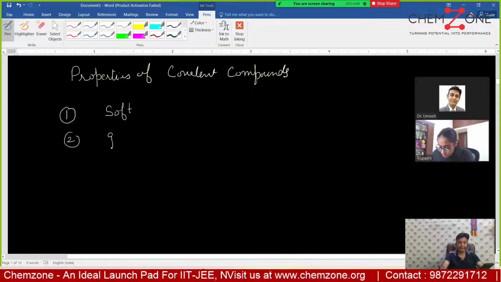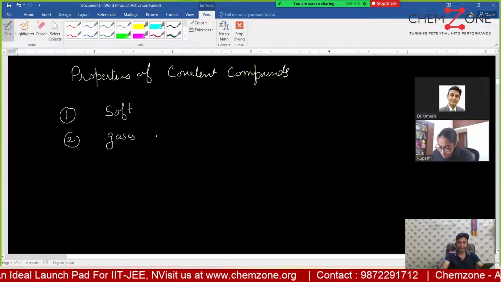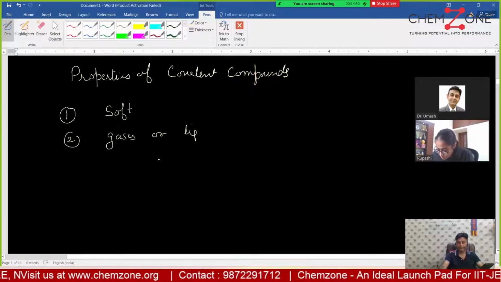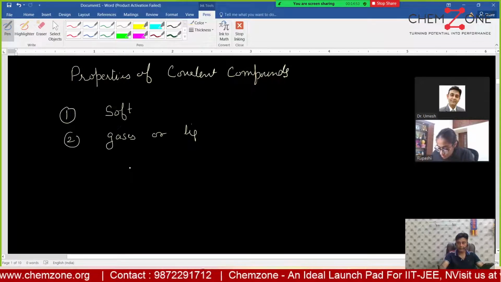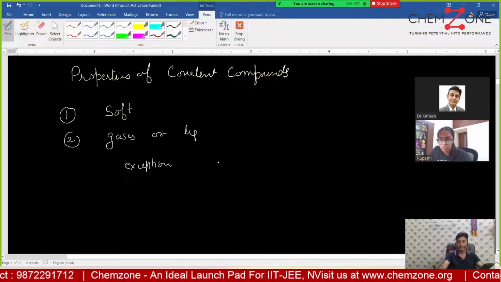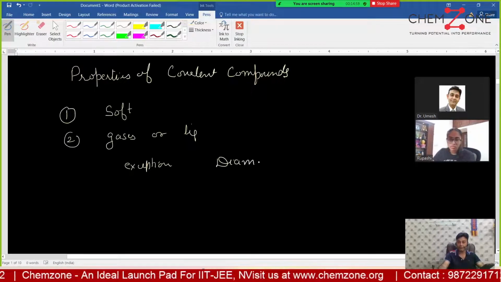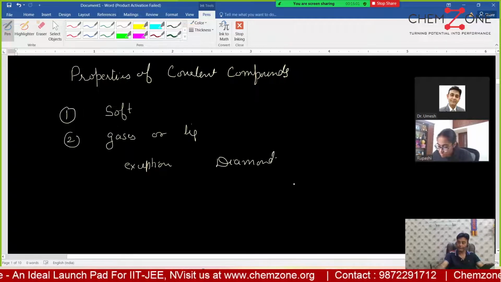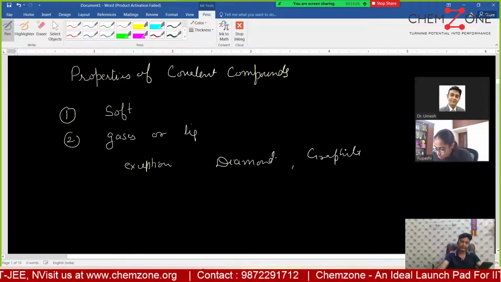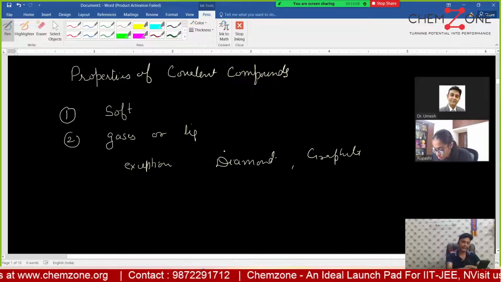They are normally either gases or liquids. But there are exceptions, like diamond that is solid, or graphite that is also solid. Certain exception cases are there, but most substances are either gases or liquids.